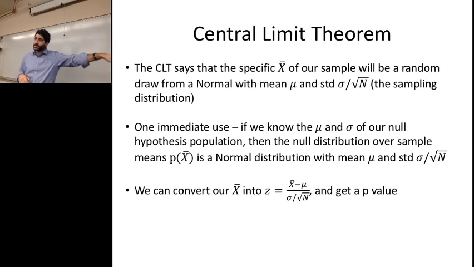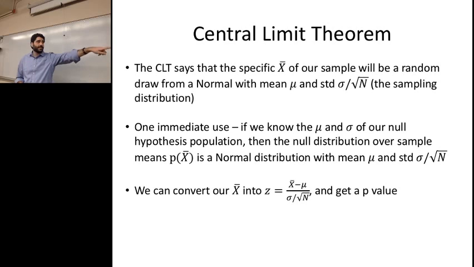And we talked last week, or on Tuesday, about a way to do this, which is to convert it to a z-value, meaning we're going to ask how many standard errors away from the mean our sample data is. The central limit theorem tells us that sample means from this null distribution should usually be pretty close to mu.